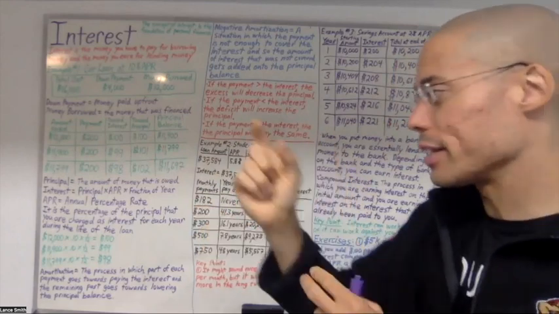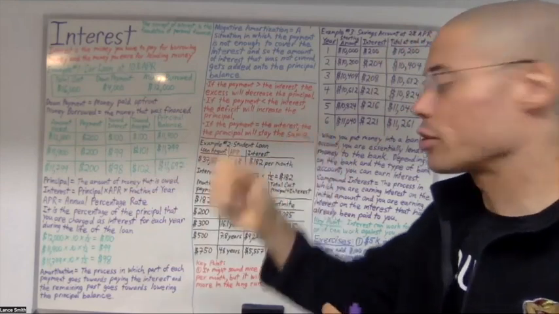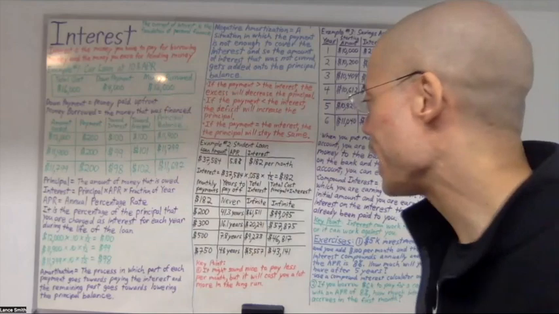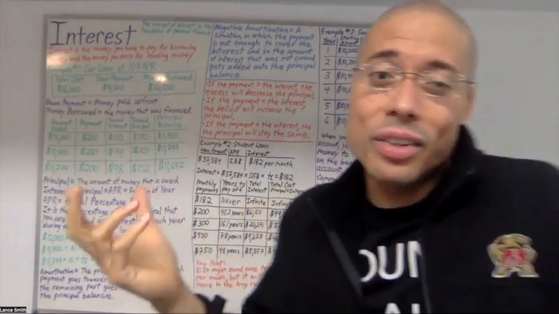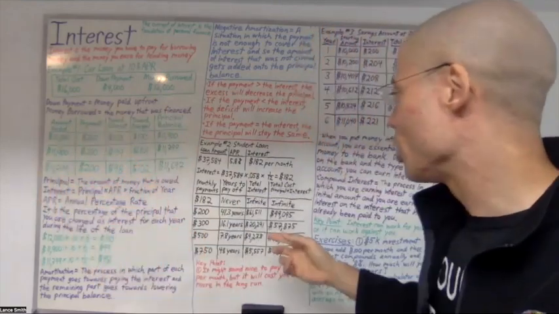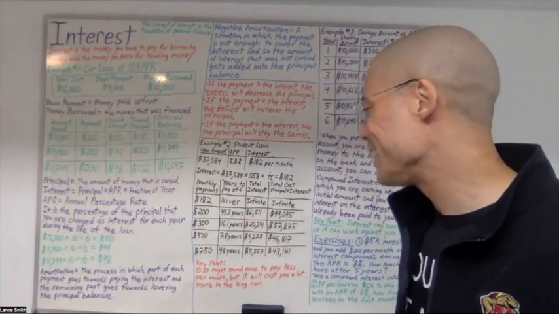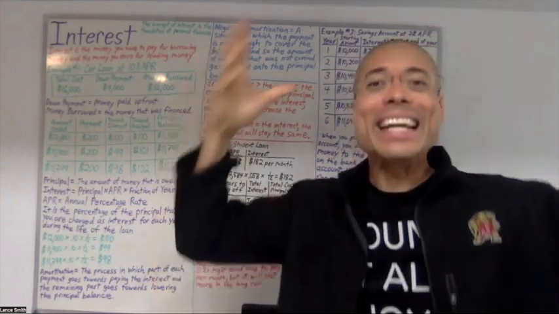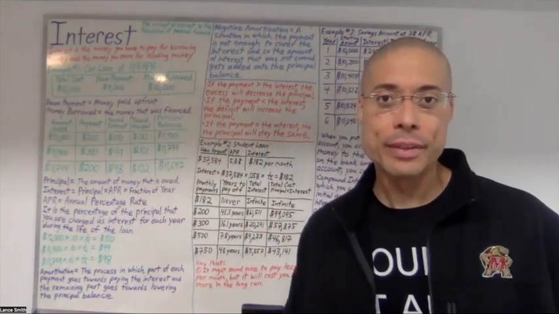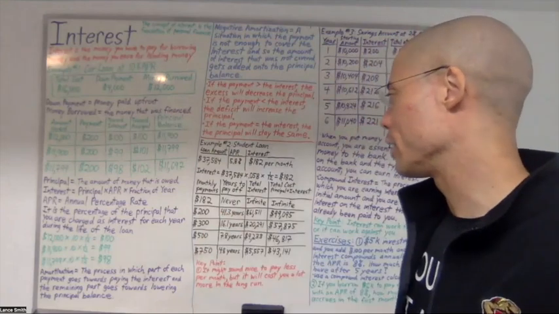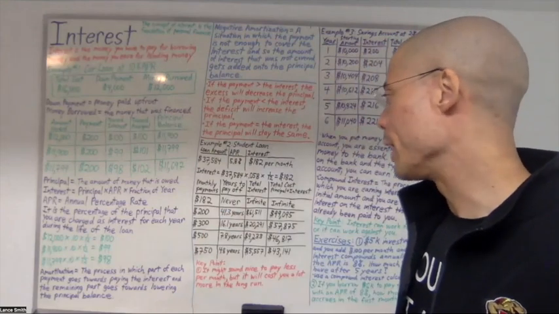That $18 extra is going towards paying down the principal. But it's only a small amount, so it will take you 41.3 years. It will take you over 40 years to pay off that student loan if you're only paying $200 per month.